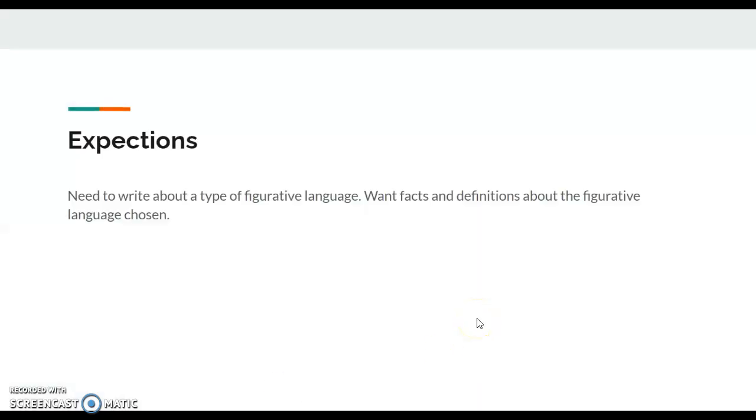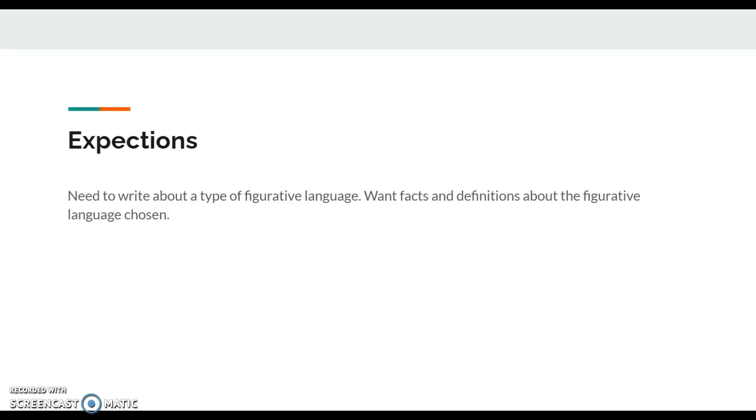Okay. Expectations. So your child needs to write about a type of figurative language. Obviously not handwritten. It's going to be done digitally on Google Slides. These are the expectations. 2 expectations are actually kind of 3. But I want your child basically to have facts and definitions about the figurative language that they have chosen.